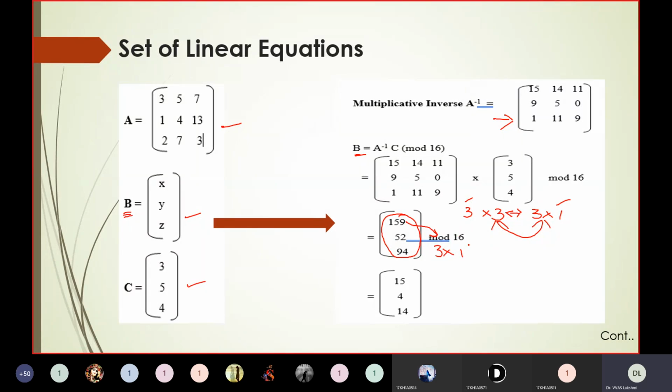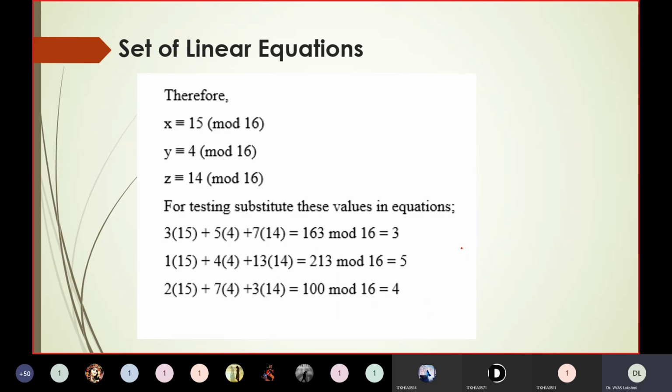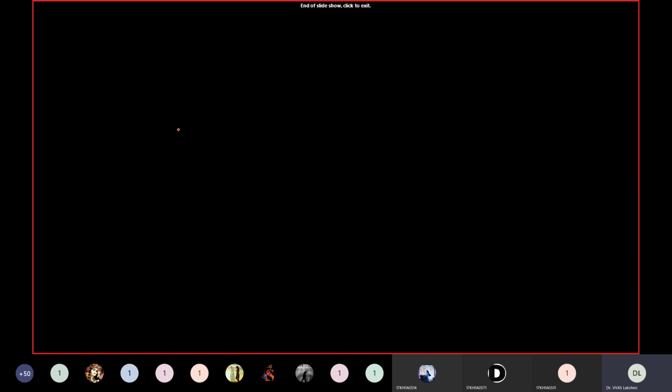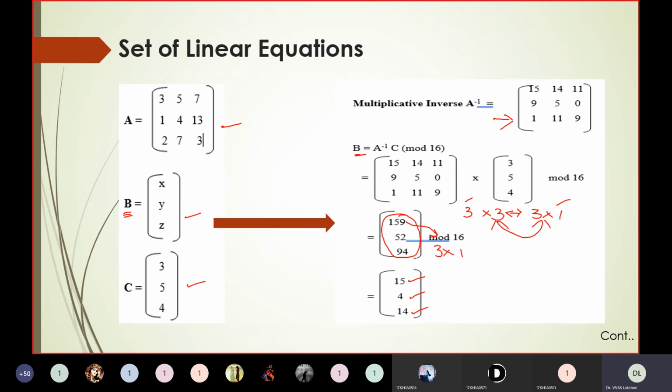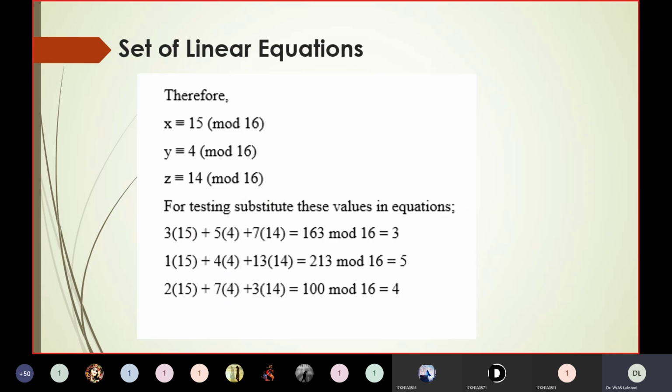So 159 mod 16 is 15, 52 mod 16 is 4, and 94 mod 16 is equal to 14. So these are the values. So what is the x value? First one 15, 4, 14.